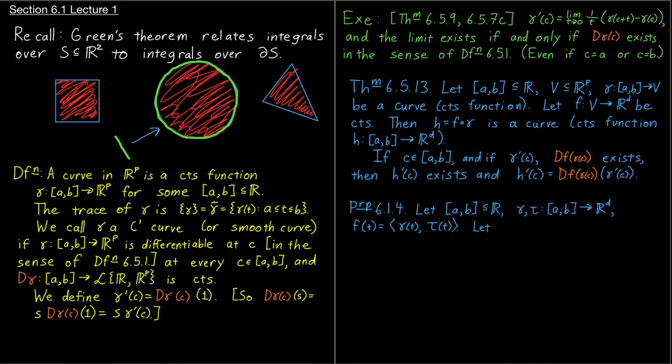And then let's pick some point c in our domain. And let's suppose that gamma and tau are both differentiable at c.